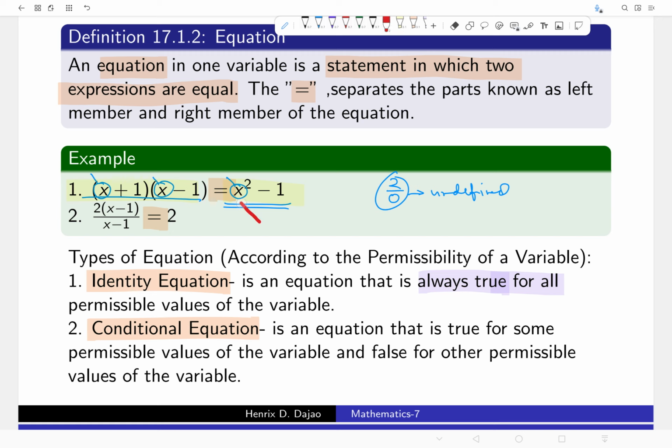Now the question is, when you substitute any real numbers, which are the permissible values of our x in number 1, will all of them make our equation true? In other words, will the left side be equal to the right side if you substitute any real numbers?